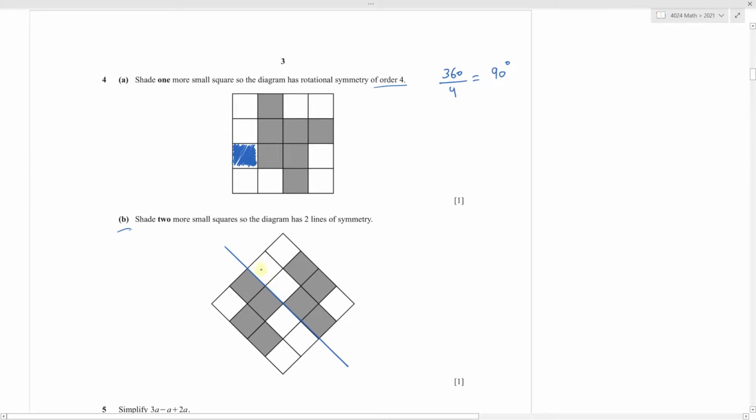For these two, I need to shade these two so that there's a mirror image and this remains the line of symmetry. But for these two, I also have to shade these two. So then I have to shade 4 small squares instead of 2. So this cannot be our line of symmetry.